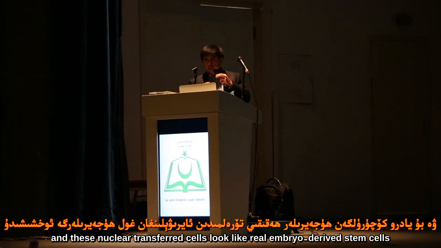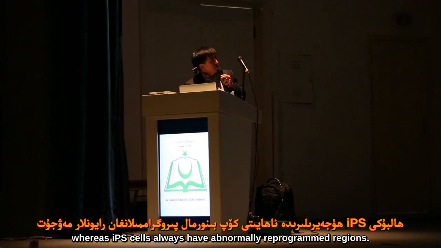So our cells look like real embryo-derived stem cells. We've looked at a variety of different regions where you could always see that nuclear transfer cells stay very close to embryo-derived, whereas the iPS always have abnormally reprogrammed regions.